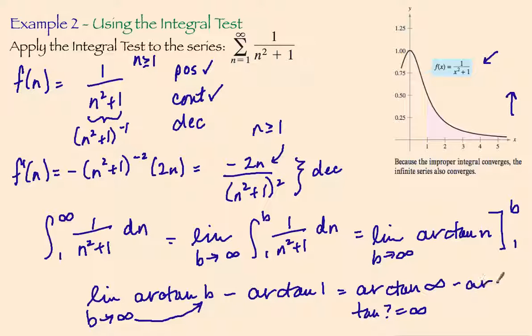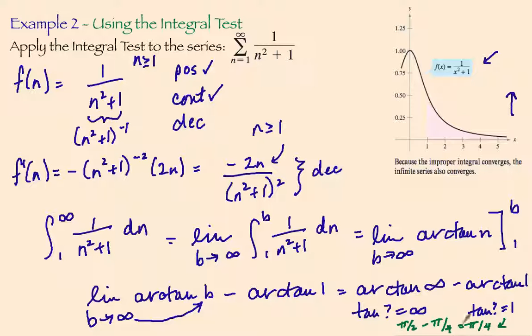Minus arctan of 1. Again, we're wondering where tangent is equal to 1. Since I'm kind of running out of room down here, I'm going to change colors. This is pi over 2 minus pi over 4, which is where tangent is equal to 1. So we end up with pi over 4. Notice that is not divergent.